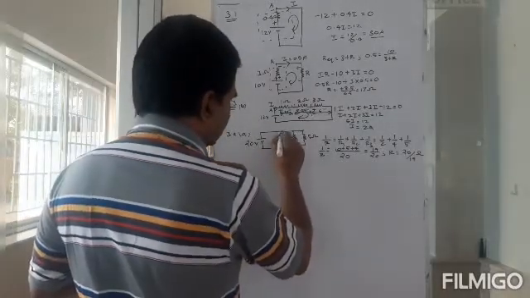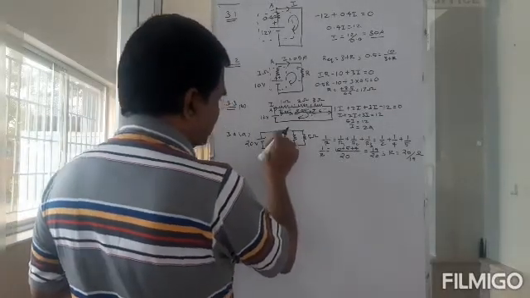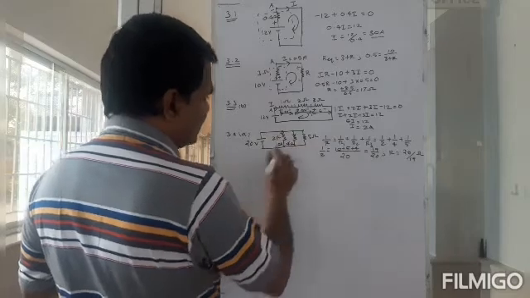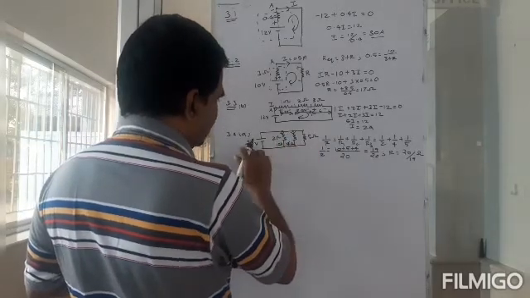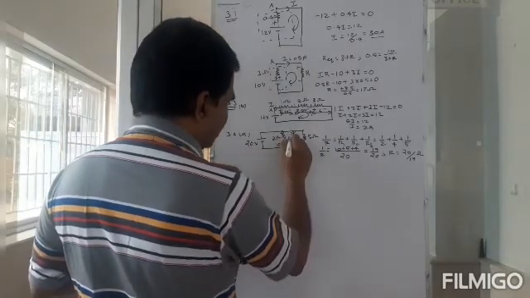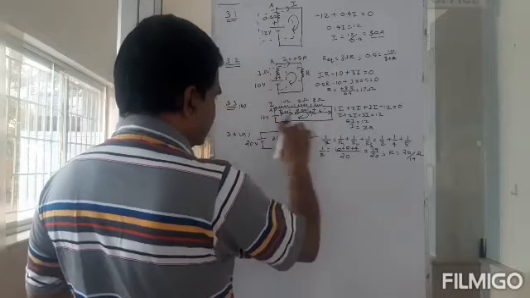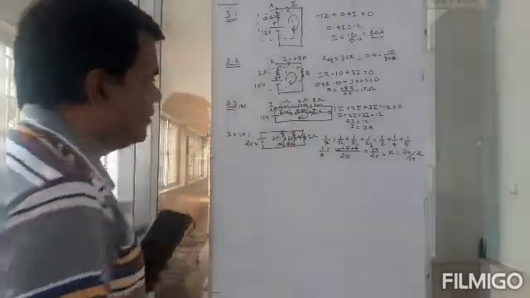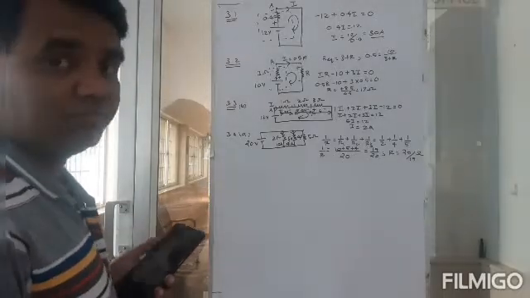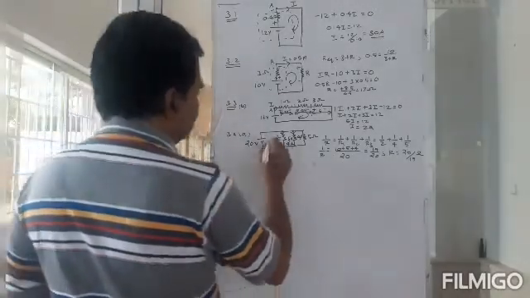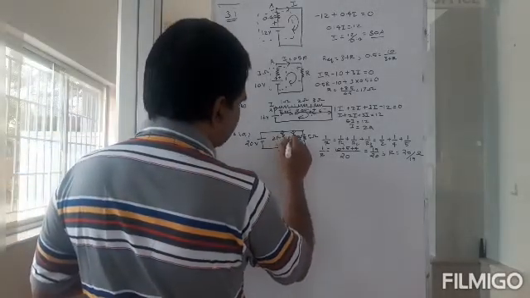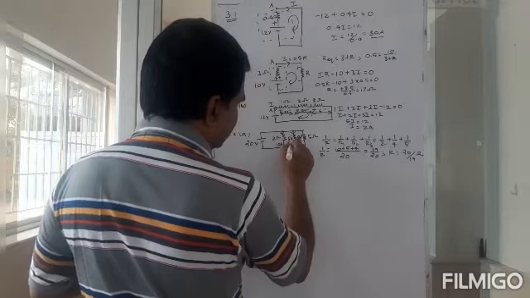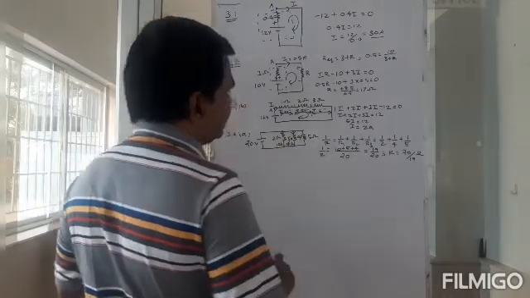So this would be 10 amps, because 20 by 2 is 10 amps, and this will be 20 by 4, 5 amps, and this is 20 by 5, 4 amps. Okay, and that's it. And that gives you what's the total current.